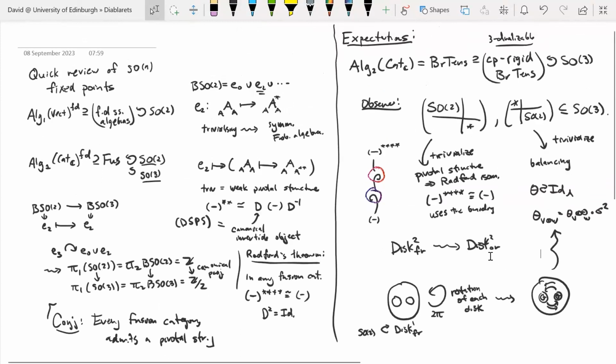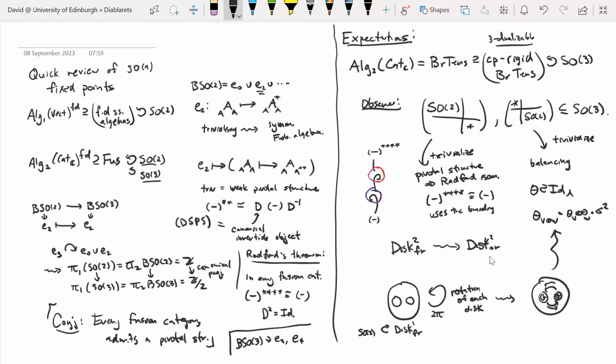Oh, but I forgot to say what is expected over here in the fusion case. So we talked about the SO2 action, and we started talking about the SO3 action, but there are more cells. So I mentioned that BSO3 has a 3 cell and a 4 cell. Now when I say it has a 3 cell and a 4 cell, that's not well defined. It's a homotopy type.